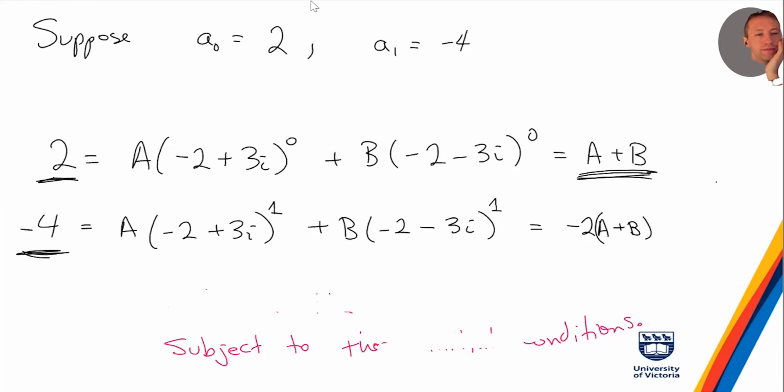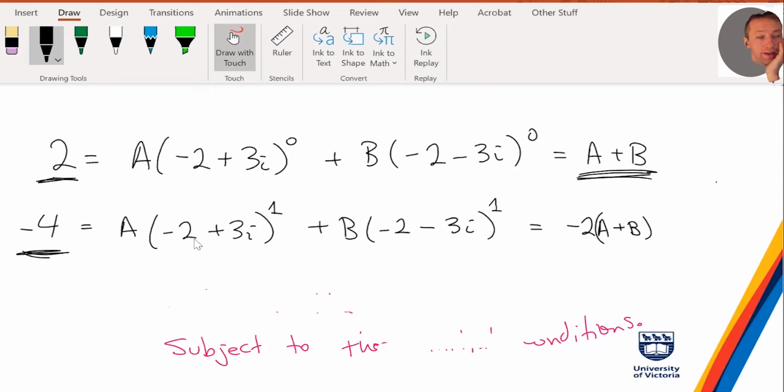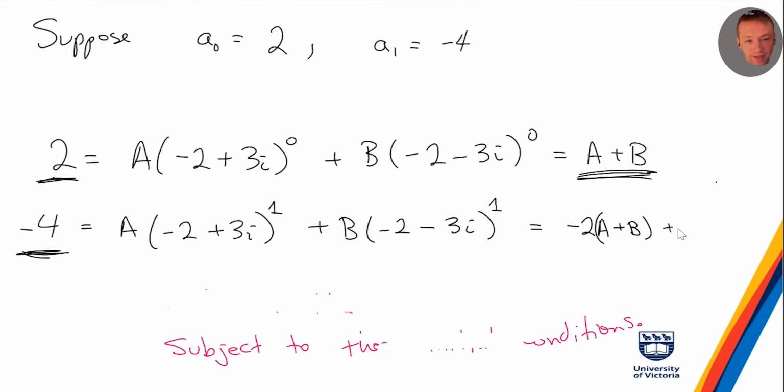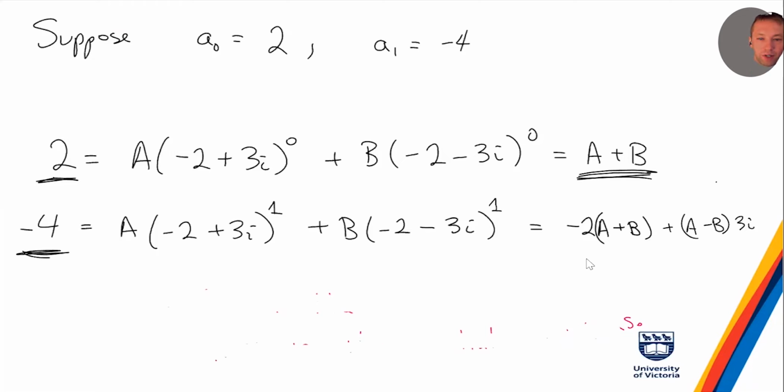So this should be negative 2a plus negative 2b plus 3i times a minus 3i times b. So this is a minus b times 3i. So what I wrote there is correct, but what I had written here was not correct. For some reason, I just didn't write down the imaginary part.